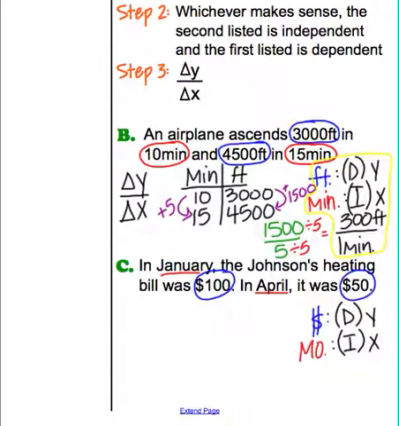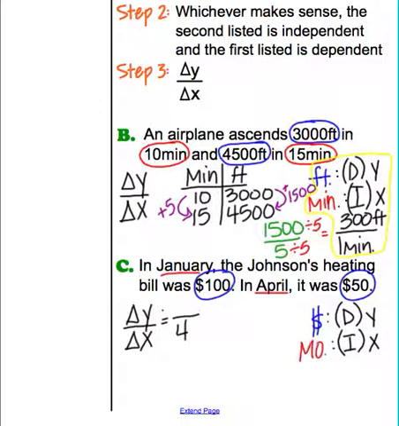So now this one is kind of hard to make a table because the change from January to April, you want to say that it's 3 because it's from month 1 to month 4. But if you think about it, it's 4 months. So therefore, our change in Y over our change in X: our change in X is going to be 4 months.